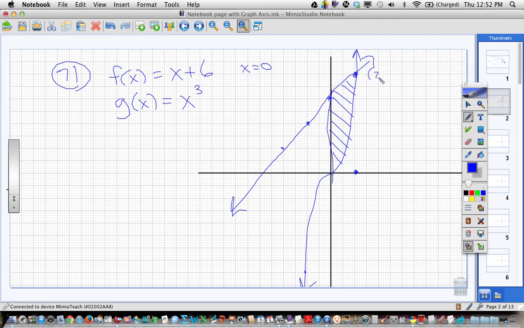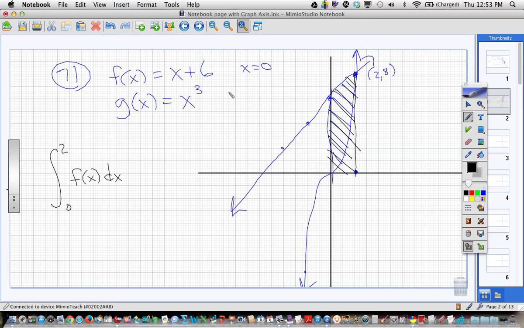I think I'll help you see it if I draw this a little bit. The integral, let's do it in black. The integral from 0 to 2 of f of x, that's the line. That's the area under the line. So that would be this black trapezoid, right?